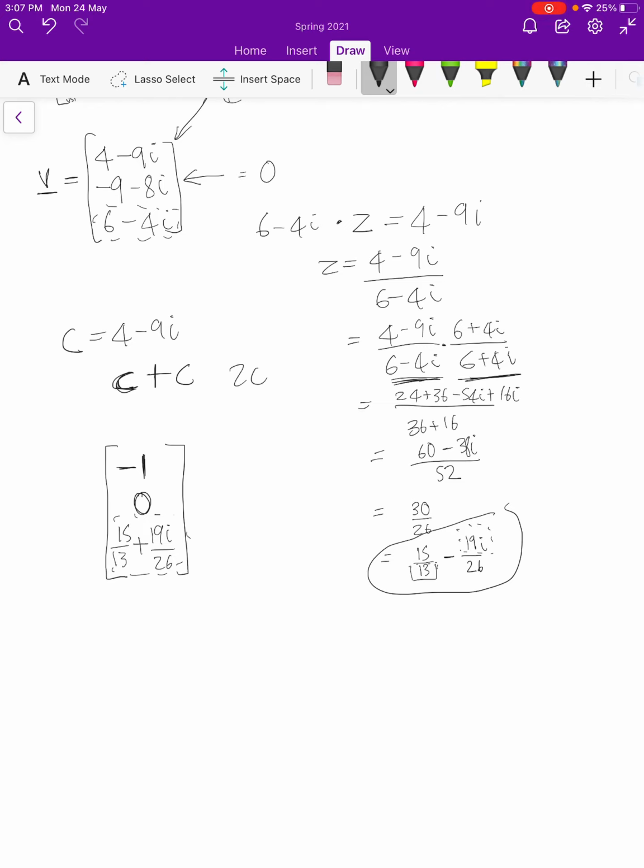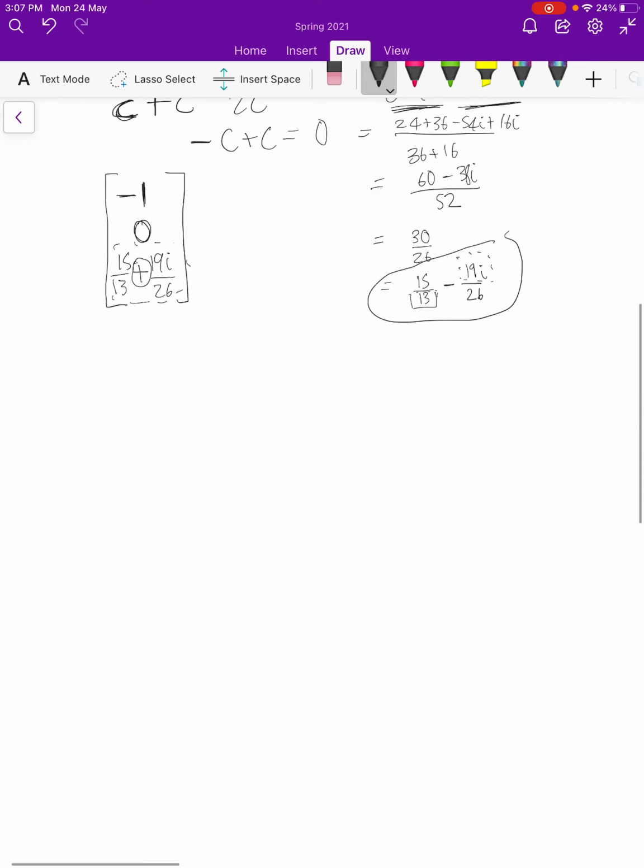We don't want that. We want them to cancel out. So by adding minus 1, we're going to have minus c plus c, which will result in 0. Why did we change the sign here? Well, remember the small intricacy of this standard inner product. Don't forget. It's a bit complicated sometimes, but make sure you always remember not to forget about it.